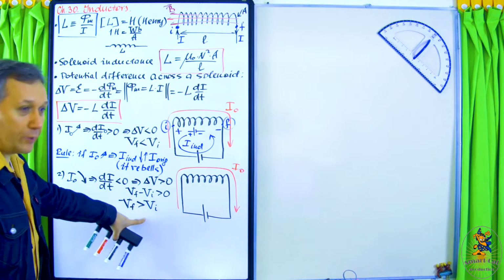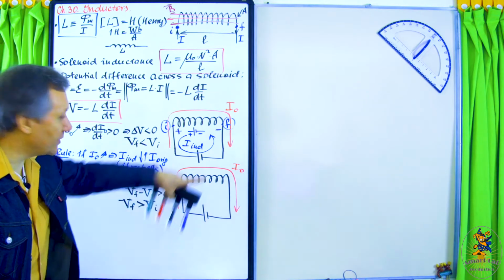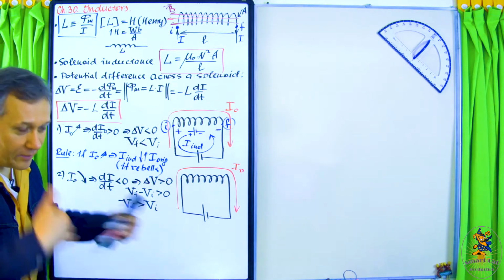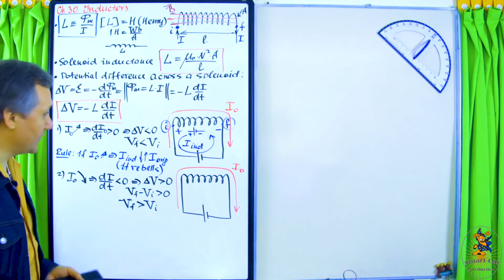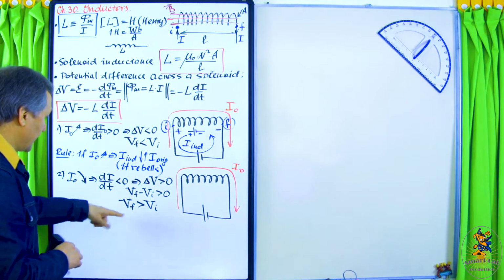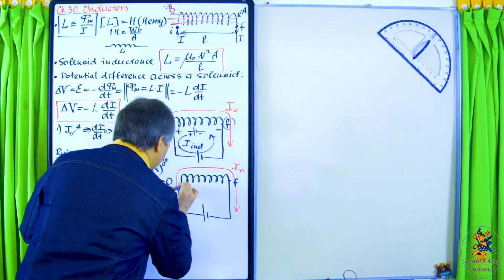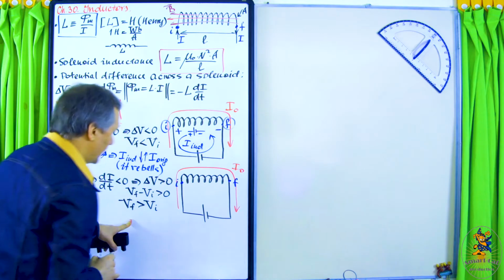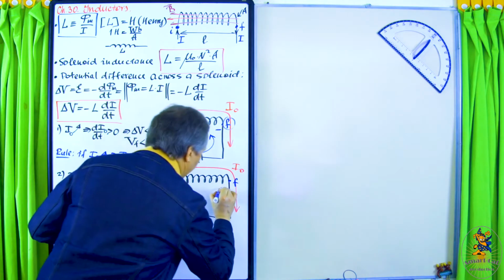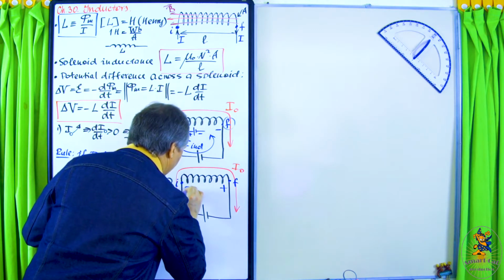Okay, so now the response of the solenoid. The solenoid doesn't like that the current is going down. So in this case, it responds. Again, this is the final point. This is the initial point, right? So the potential at the final point is higher than the potential at the initial point.